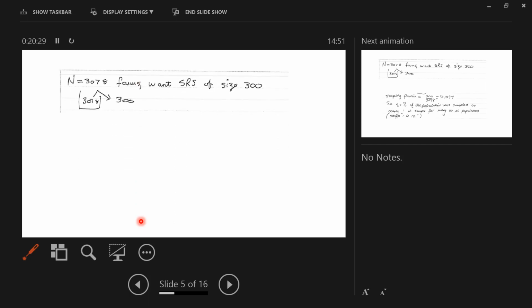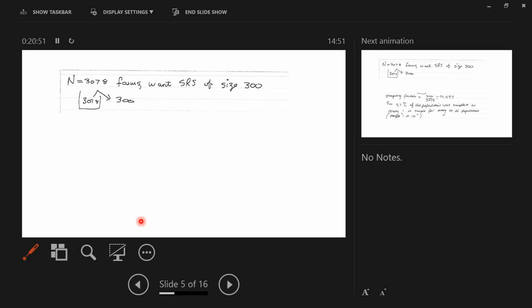And this book, which is quite nice, keeps using the same example of 3078 farms, and you're drawing 300. So you can see here, they say a simple random sample of size 300 drawn from 3078 farming areas. It's actually farming counties. I don't really want to go into the long story of it.